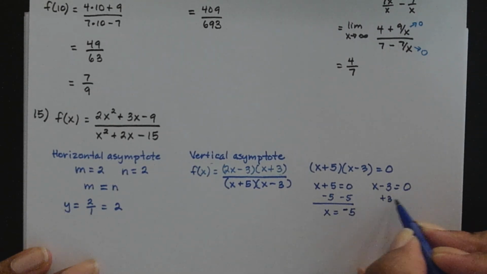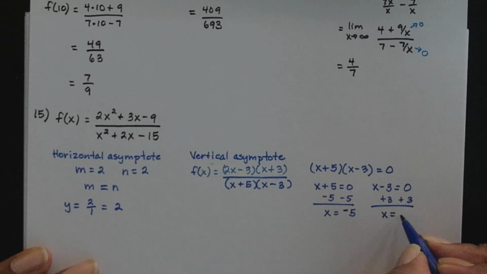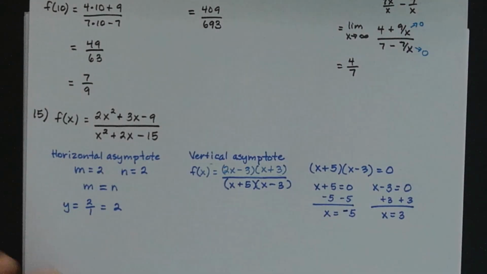And then for the x minus 3 equals 0, that'd be x is equal to 3. So here I have two vertical asymptotes. One will be at x equal negative 5. The other one will be at x is equal to 3. Okay.